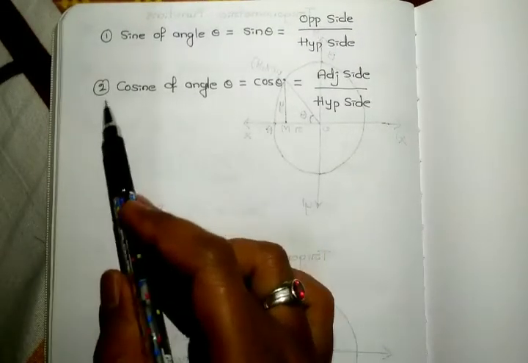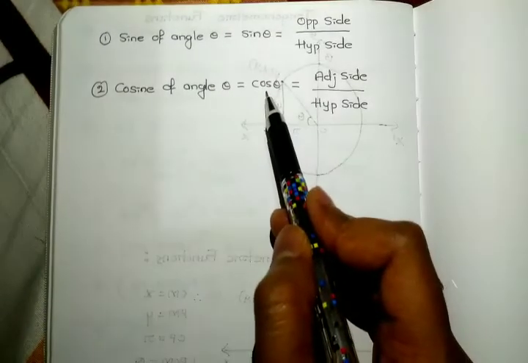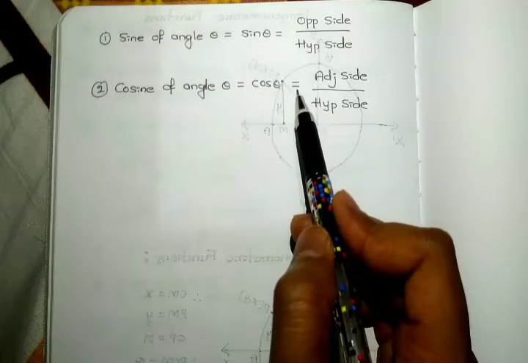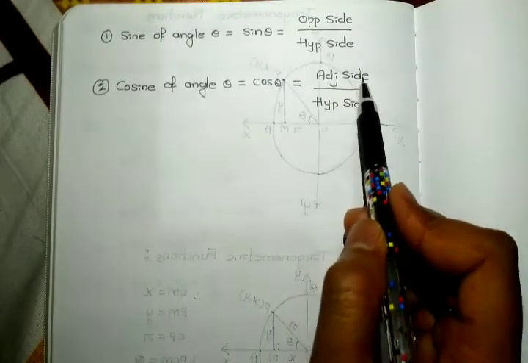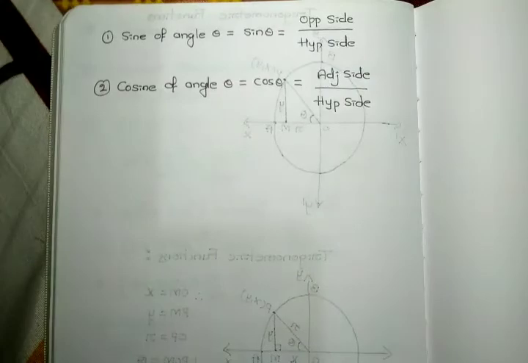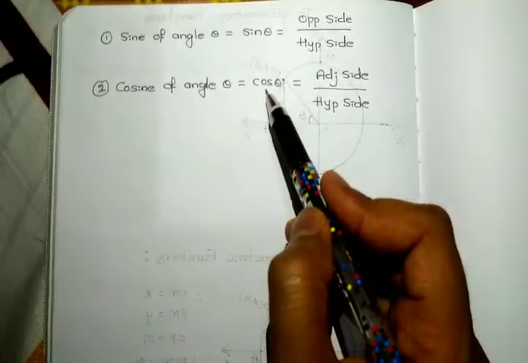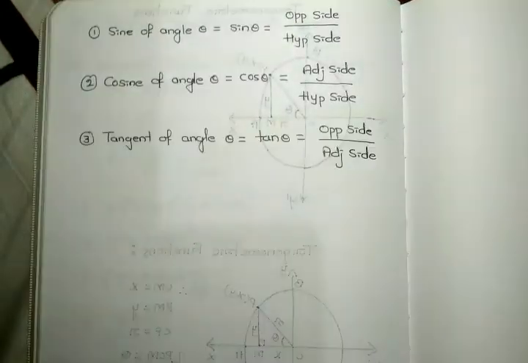Next, second, cosine of angle theta, called cos theta, is defined as adjacent side divided by hypotenuse side.